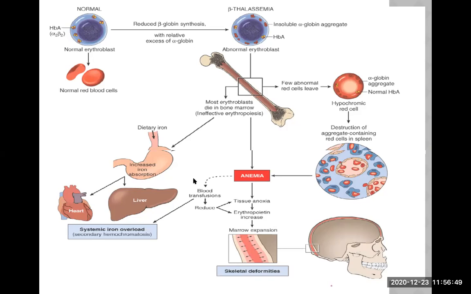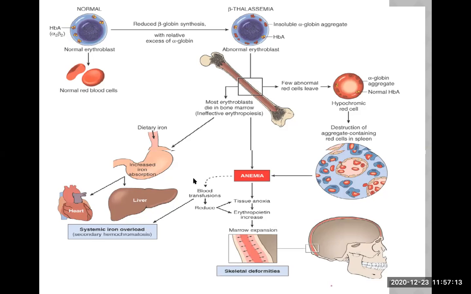Now see this. What is happening? This is a case of anemia. Anemia means there is decreased hemoglobin or decreased RBC mass. So the overall body feels a hypoxic environment everywhere, and the GI tract also has a compensation mechanism.